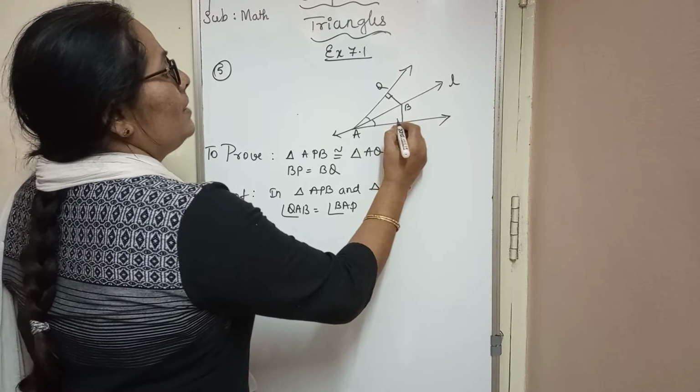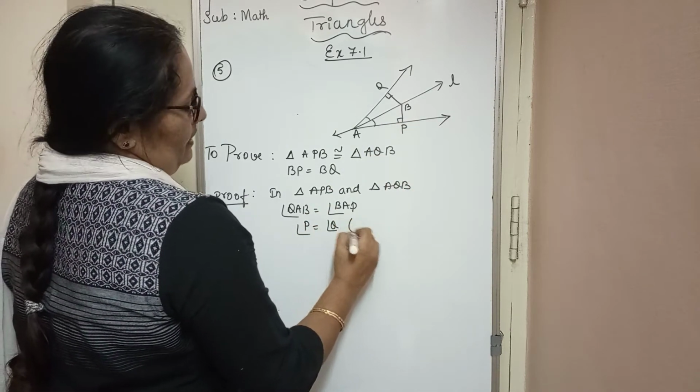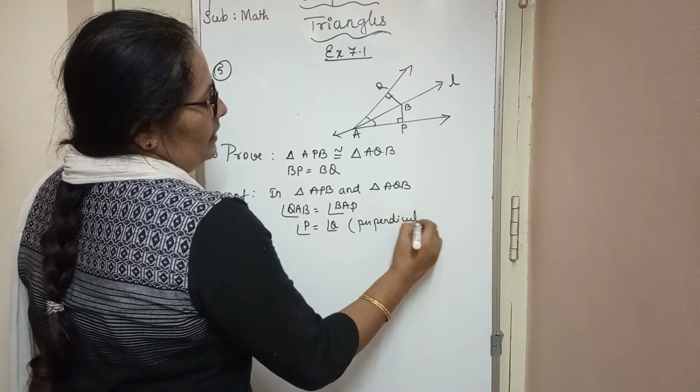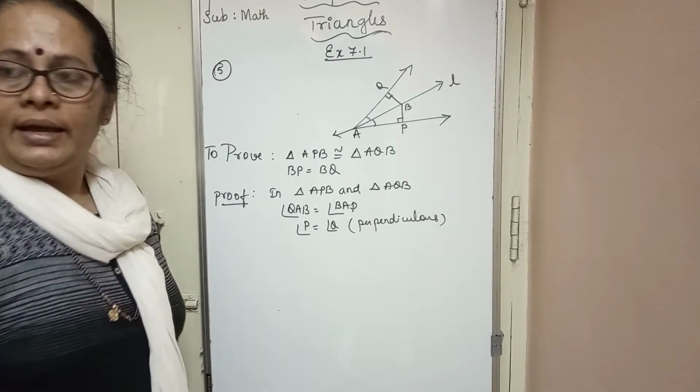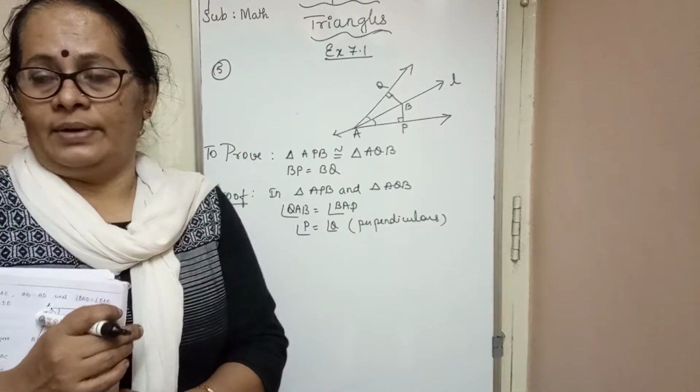And angle P is equal to angle Q, which are the perpendiculars. So these two angles are equal. When two angles are equal, then the third angle also will be equal, right?